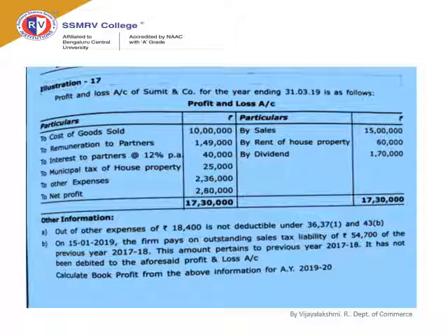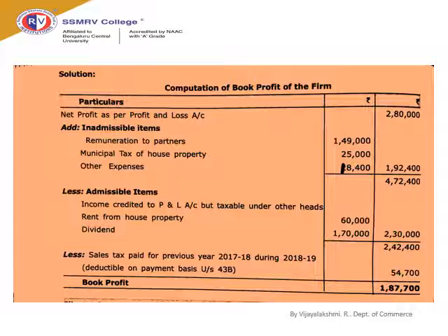So here we need to remember it is not being debited. There is an expense which is not debited to the P&L account. Therefore, please remember this should be shown as a deduction. This 54,700, since it is not taken in the P&L account, should be shown as a deduction. Here is the solution for you.